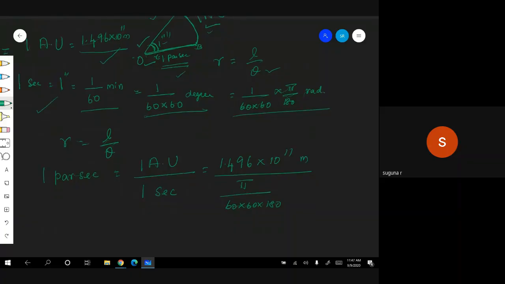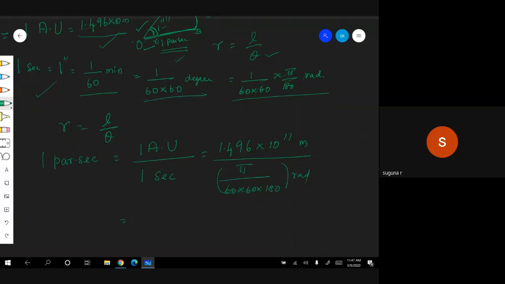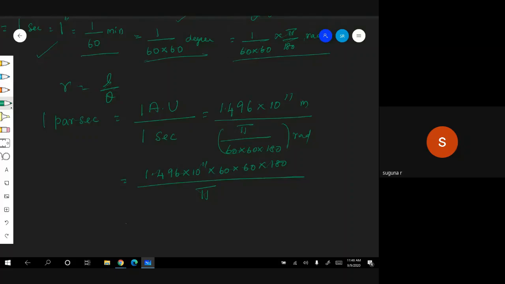Also this is meter and this is radian. Therefore, if you substitute, 1.496 into 10 power 11 into 60 into 60 into 180 divided by pi, the final value I am giving is 3.1 parsec, you definitely should get this value if you calculate it, 2.084 into 10 power 16 meter.